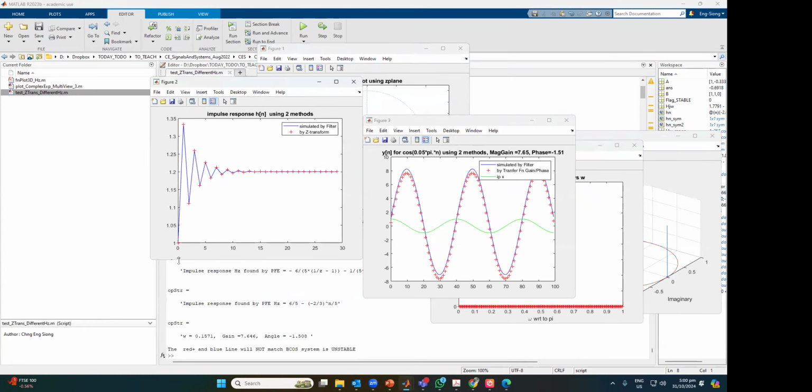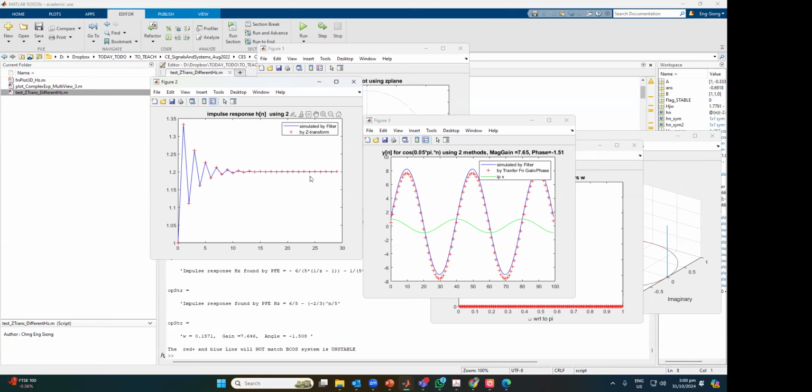Up, down, up, down, up, down, but it stays at 1.2. It means that when you send an impulse, the output doesn't die. When the output doesn't die for the impulse response, then the answer is that it is not stable already. So we see it two ways: the pole is on the unit circle, and the impulse response does not die.